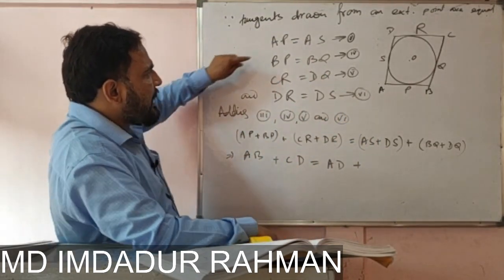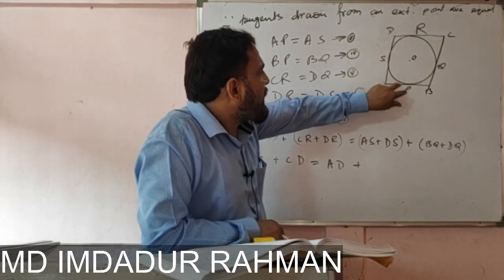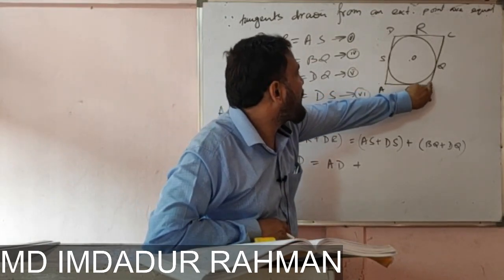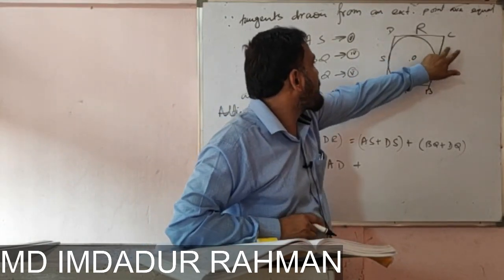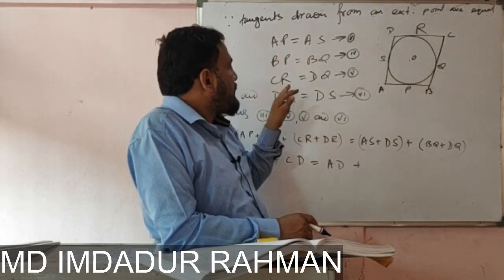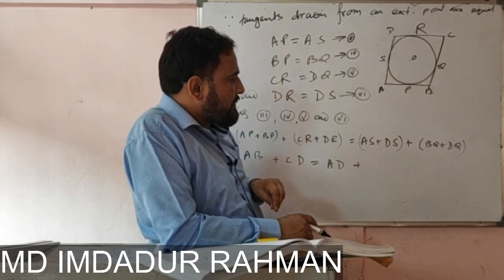We have AP equal to AS, BP equal to BQ, CR equal to CQ and DR equal to DS.